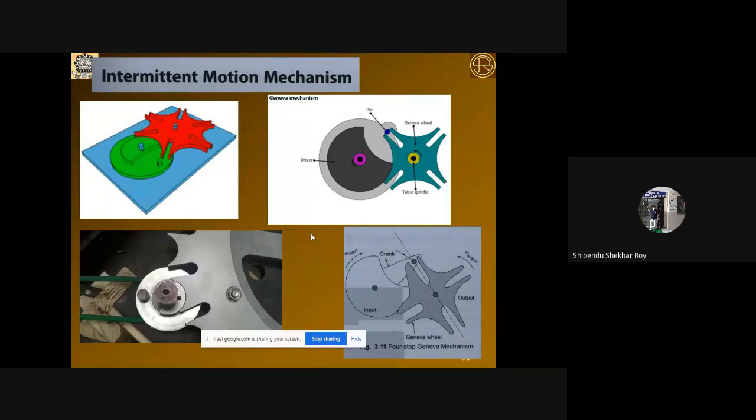Please go through the animations of mechanisms like the straight line mechanism, pantograph mechanism, quick return mechanism, elliptical trammel. You should go through the animation of all these mechanisms, then it will be clearer than the book.